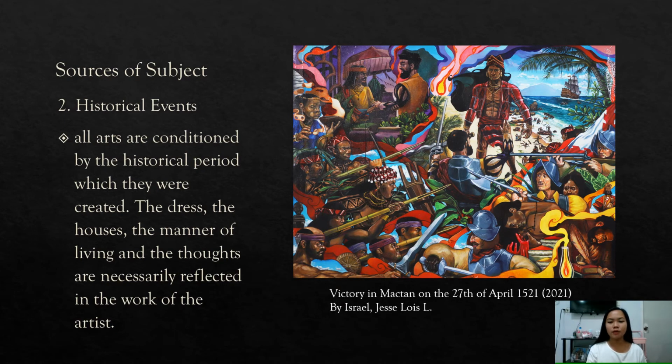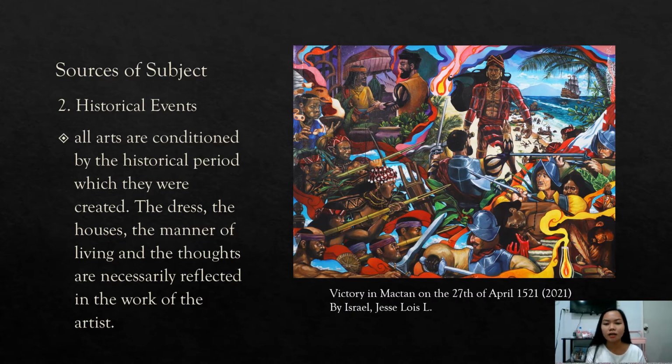So for example, this painting that we have here is entitled Victory in Mactan on the 27th of April 1521, and this was painted in the year 2021 by Israel Jesse Lewis, or Jet. He was my classmate way back in college. So yeah, I am presenting his work here to you. He is actually a good artist.